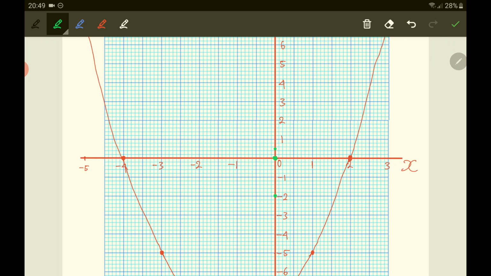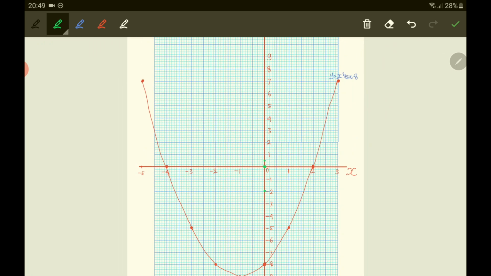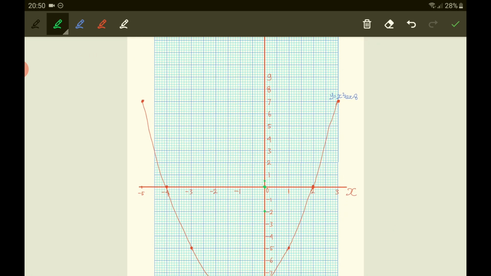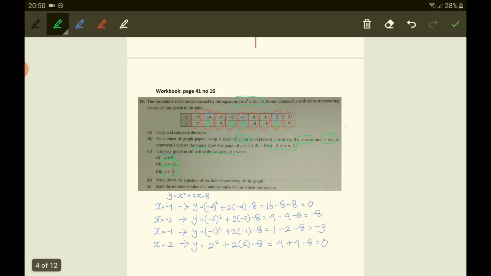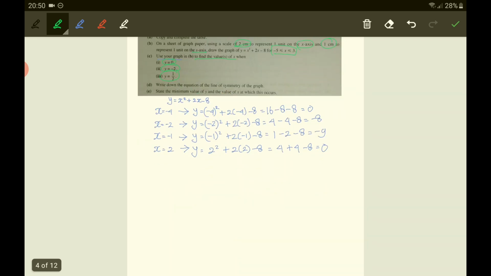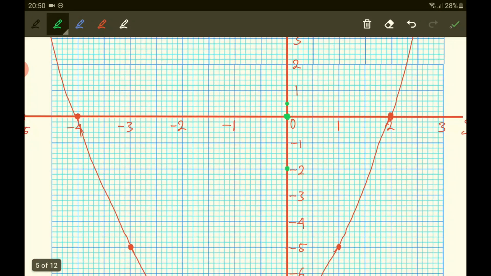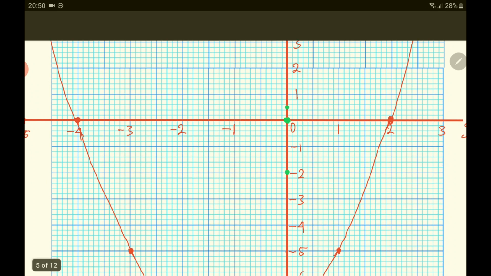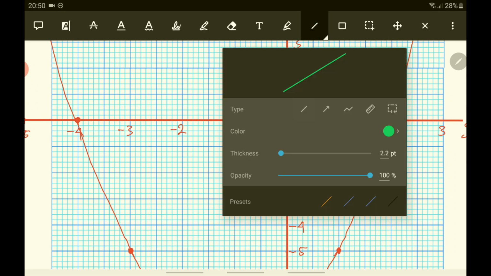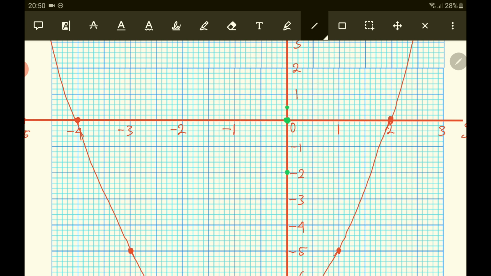Okay, so we are going to find out the value of x for that one. I want to make it easier by making a line here. Okay, I want to use green, just a green line. Thickness is the minimum.